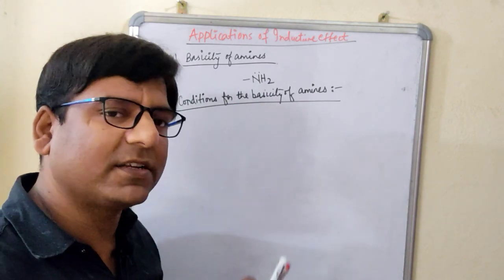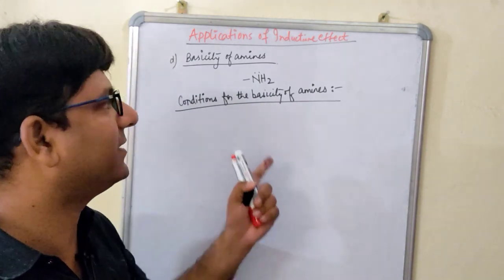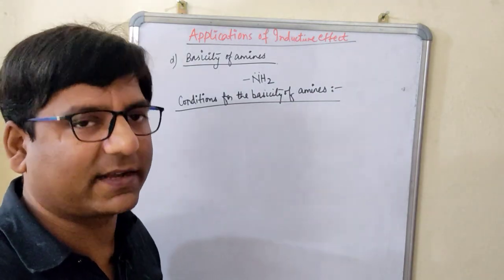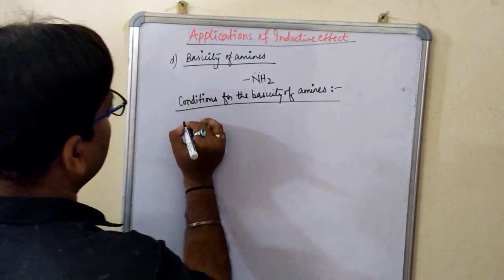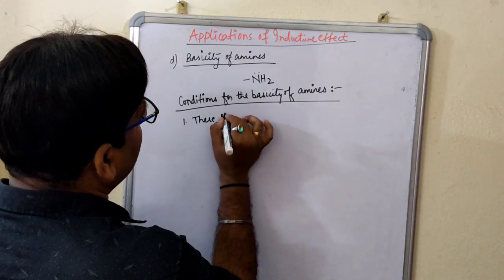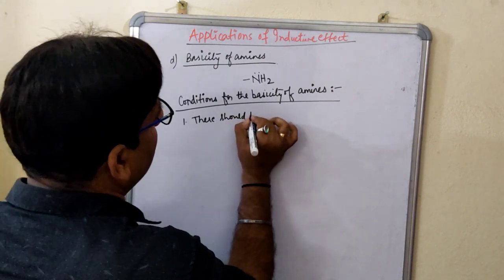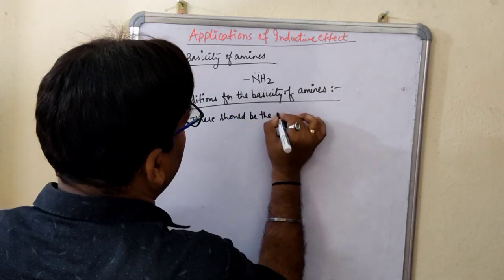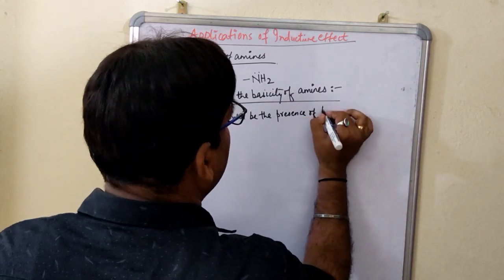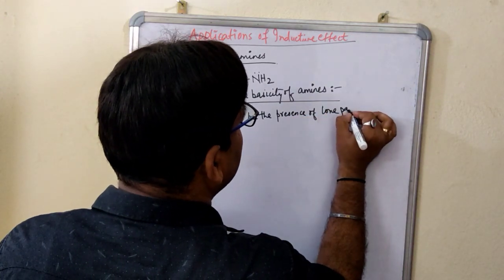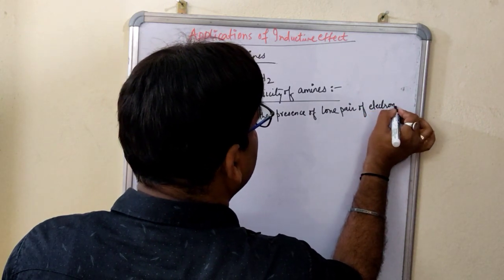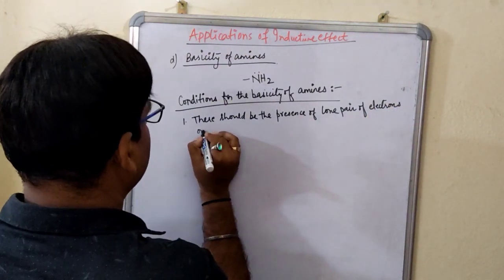If the two conditions are satisfied, then we can say that that particular amine is basic in nature, or it is more basic. First condition is there should be the presence of a lone pair of electrons on the nitrogen atom.